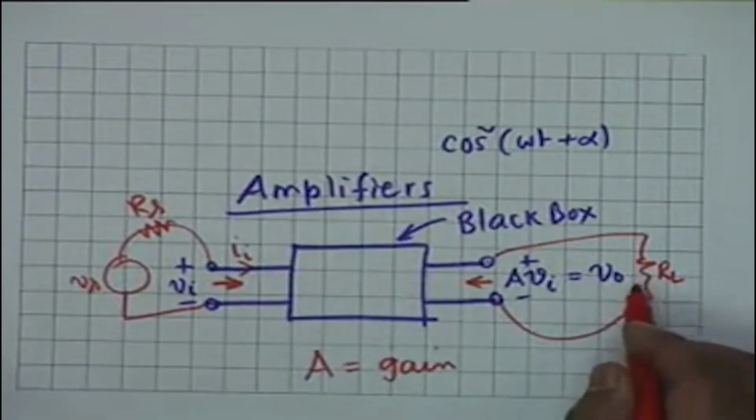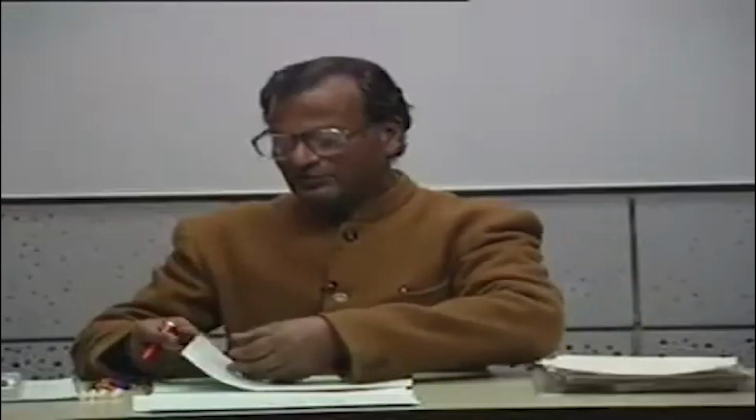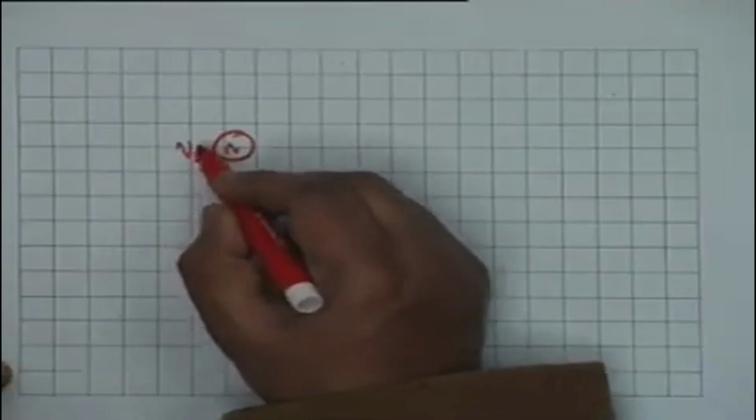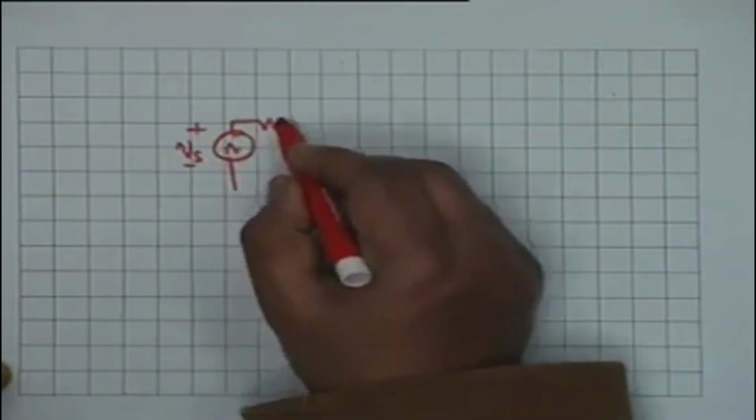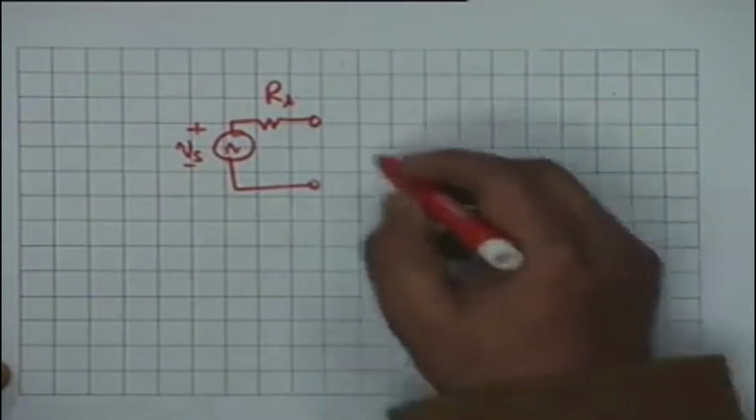And as I said, the output Thevenin resistance is equal to 0, and therefore an ideal amplifier can be modeled like this. You have a source Vs and an internal resistance Rs.